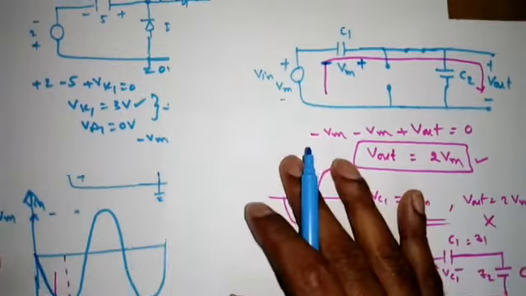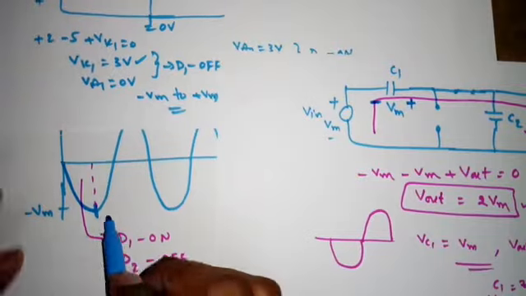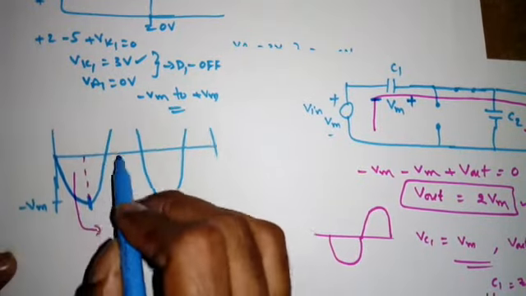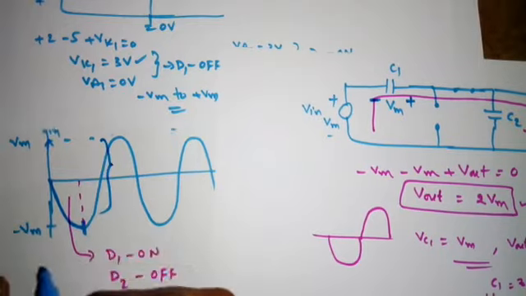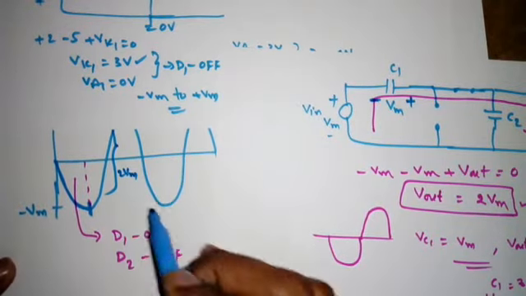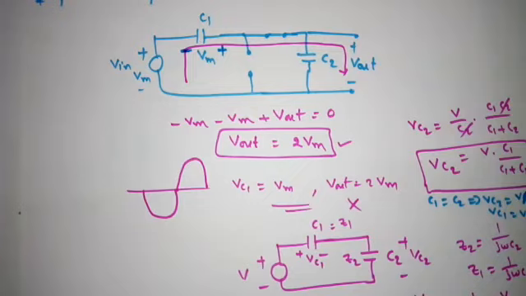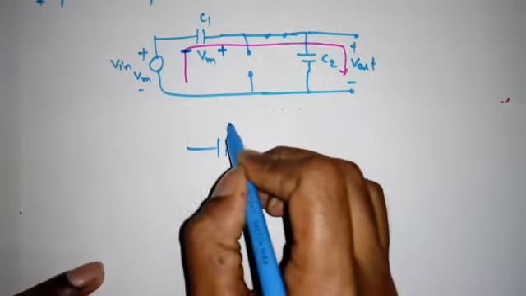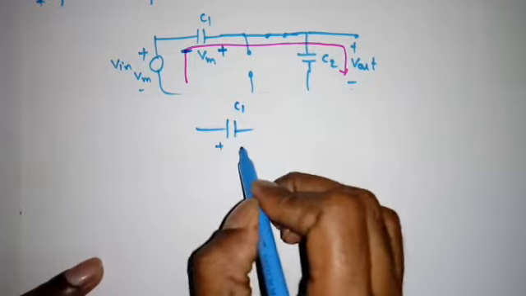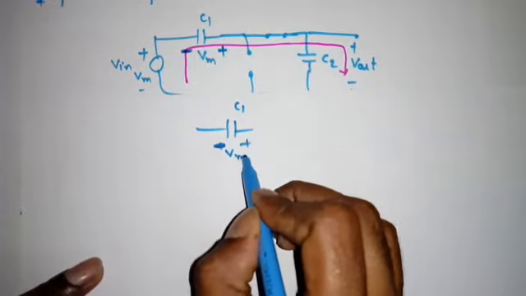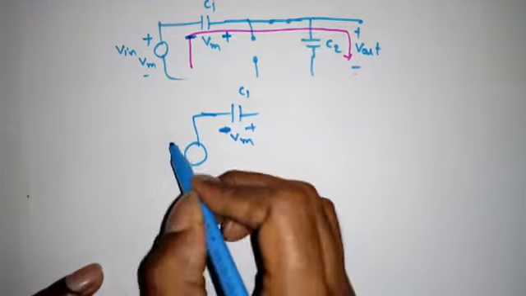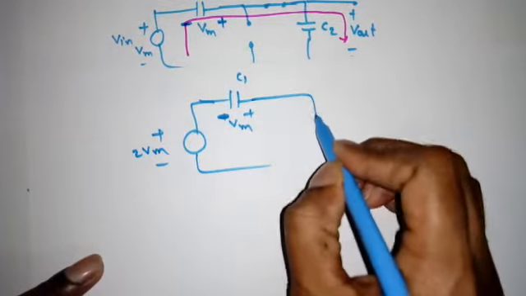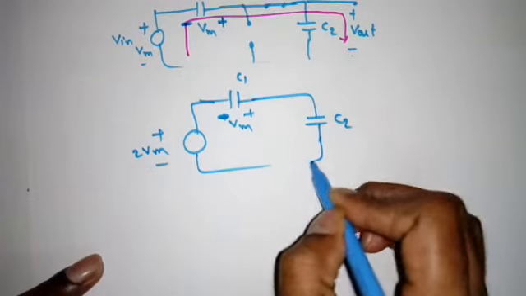So if we see here, the input is changing from minus Vm to plus Vm. Now can I say what is the overall change here? 2 Vm. Yes. So now the circuit will be something like this. If I draw it very clearly, this is C1, minus plus Vm. I can take the total change as 2 times Vm, and this is the C2.